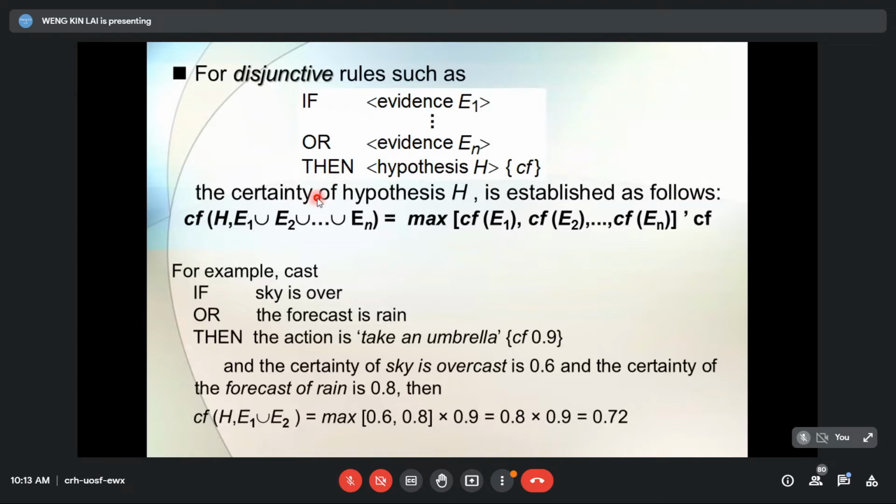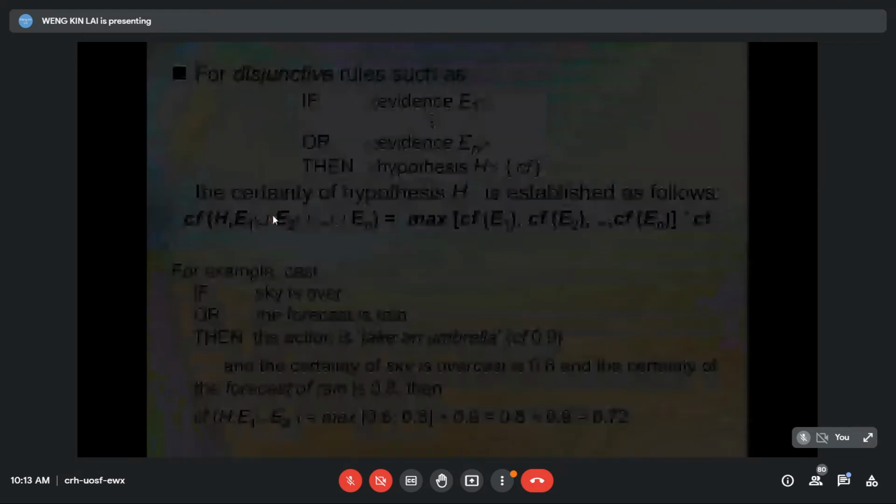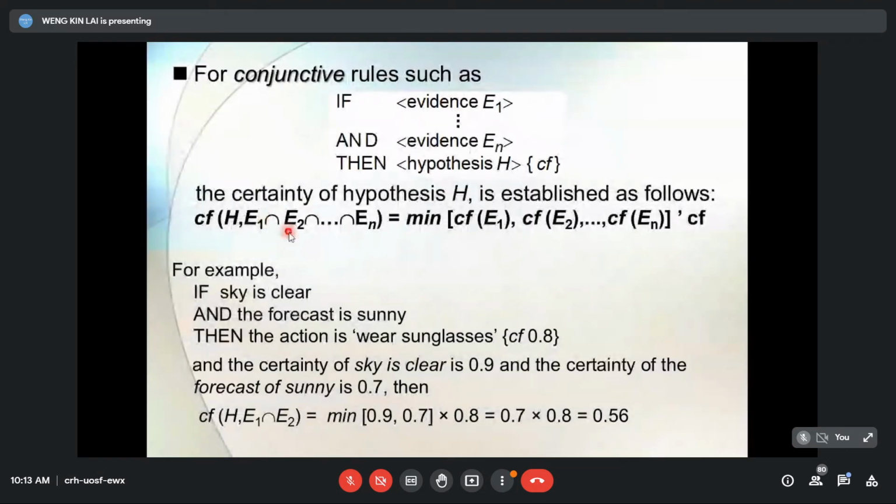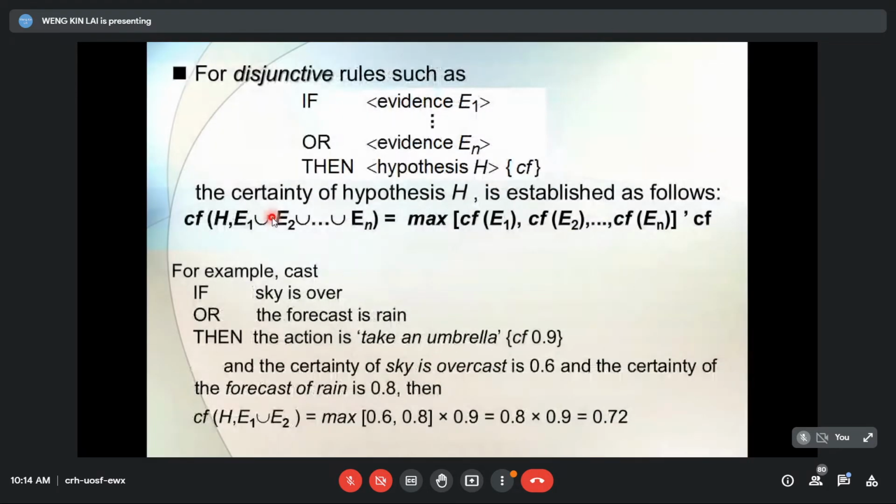So the certainty of the hypothesis, the final, how certain are you based on these prior conditions of E1 until En, is established as follows. It is equal to, and notice the sign here, this represents disjunctive, which is basically a U sign, or this is basically the N sign. So this is your mathematical symbol for conjunction, and this is your mathematical symbol for disjunction.